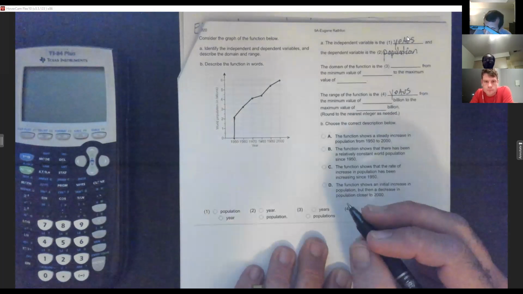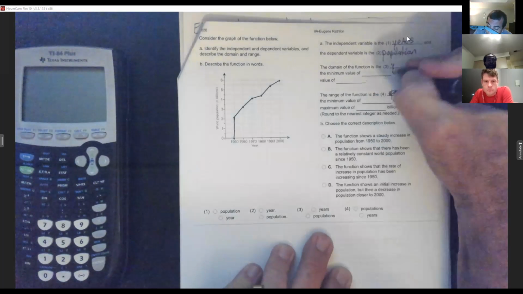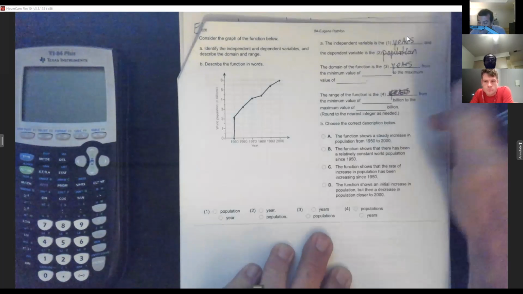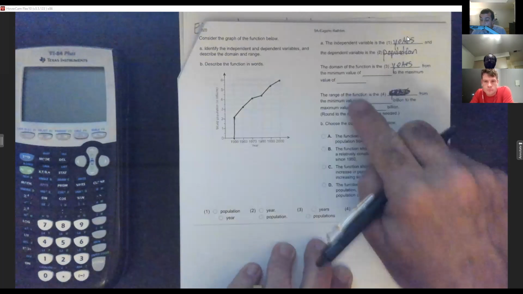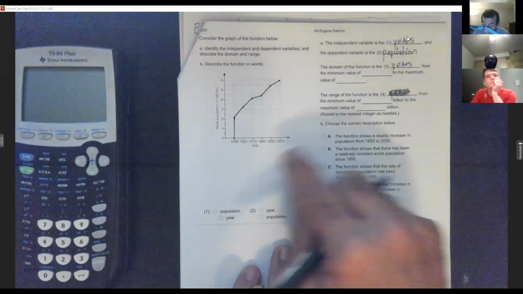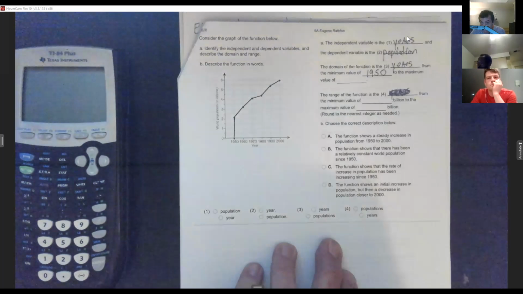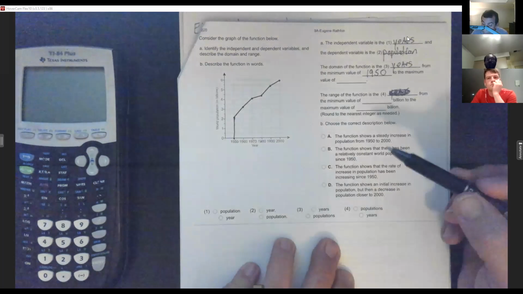So my domain, whoops, I think I wrote that on the wrong area, y'all. I'm doing my domain, so years should be up here. Somehow I skipped. So I'm doing domain, remember. So domain is the years. It has a minimum value of 1950. So the year 1950 is my lowest year on my domain. And then it says it has a maximum value.